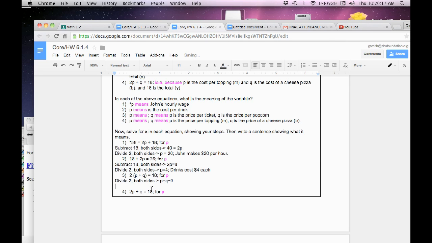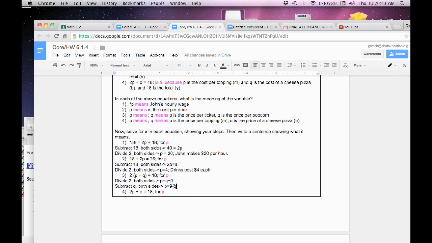We're just trying to get P alone, so we'll subtract Q from both sides, of course. And that will yield P equals 9 minus Q. And since we don't know what Q is, we can never find P. We can just write it in terms of Q. But that's what we got for now.